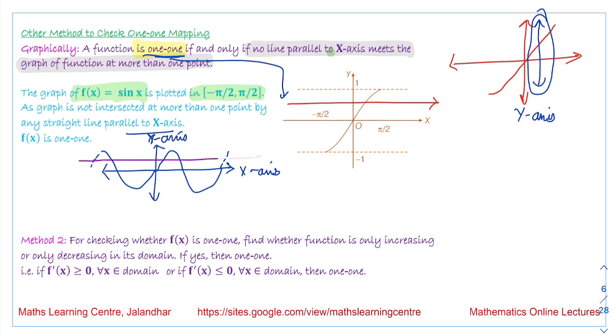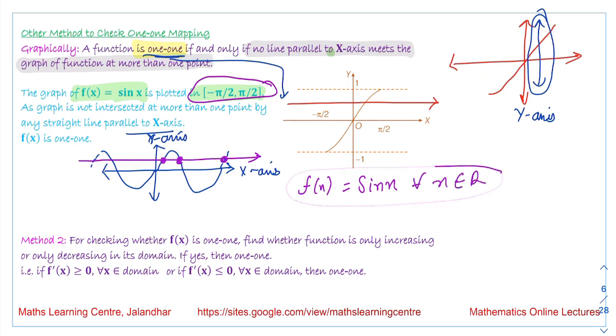If I draw a line parallel to x-axis over here, it is intersecting at this point, at this point, and at this point. So if we write the function f(x) = sin x and we are not restricting our domain to this portion, that is for all x belongs to R, then this function is not 1-1.